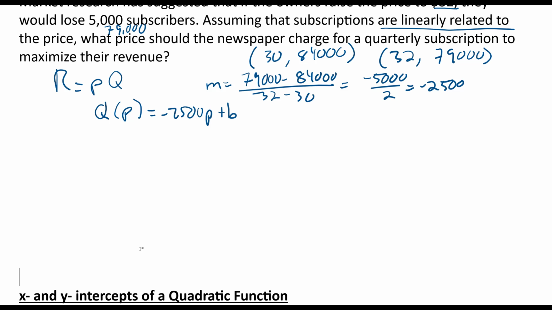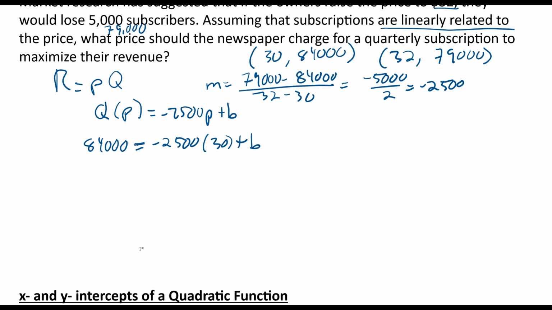Pick either point. I'll do the 30 and 84,000. So 84,000 is the quantity of subscriptions, equals negative 2,500 times 30 plus B.